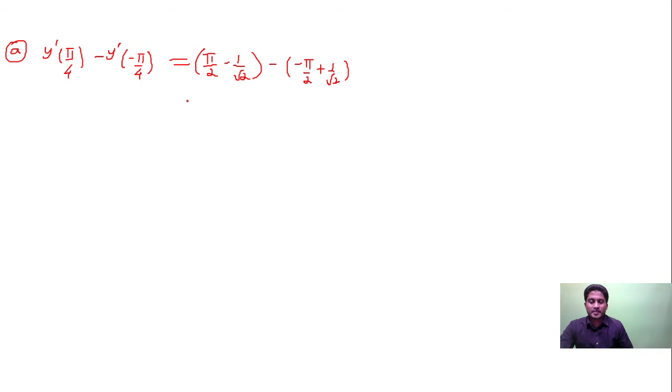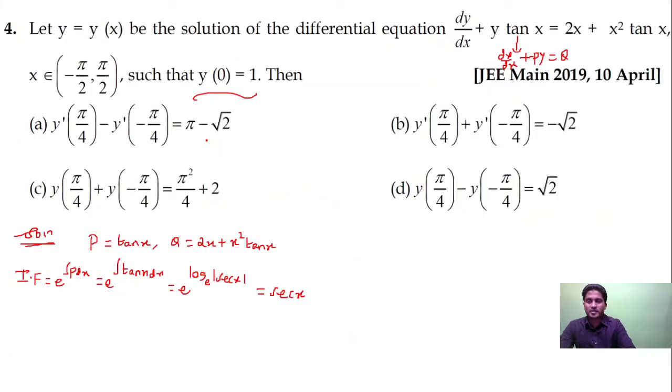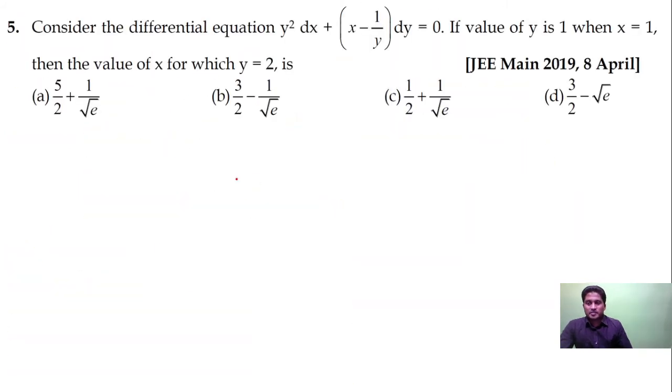If you open the bracket, you get pi by 2 minus 1 upon root 2 plus pi by 2 minus 1 upon root 2. You get pi minus root 2. Okay, that's right. That is correct, guys. Answer is option A only, pi minus root 2. Check with the other options, it will not satisfy. Okay, let's move to next question.